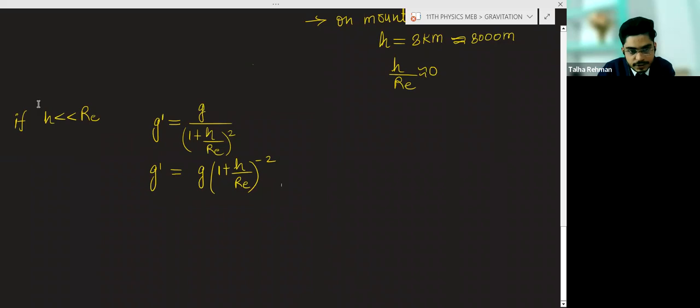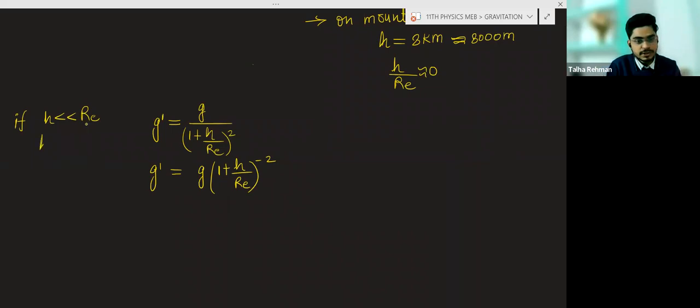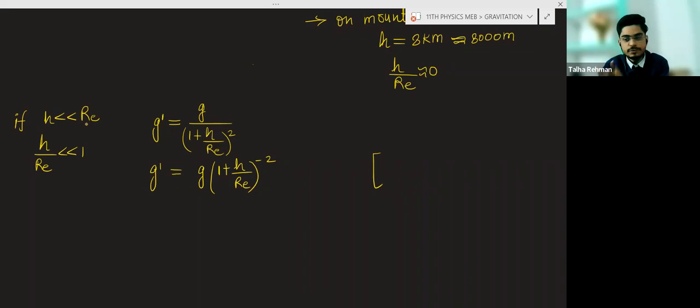Now we know that if H is much less than RE, then the value of H by RE will be much less than 1. In binomial expansion, if it is written 1 plus x to the power minus n, and it is given that x is very much less than 1, then this can be written as 1 minus nx.